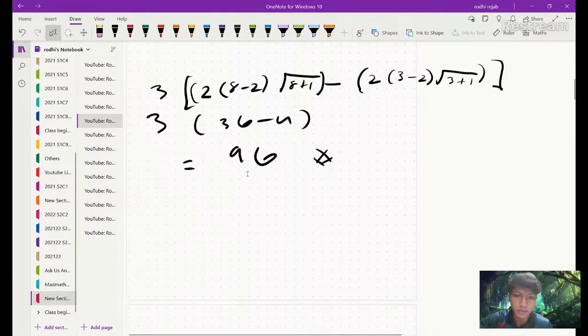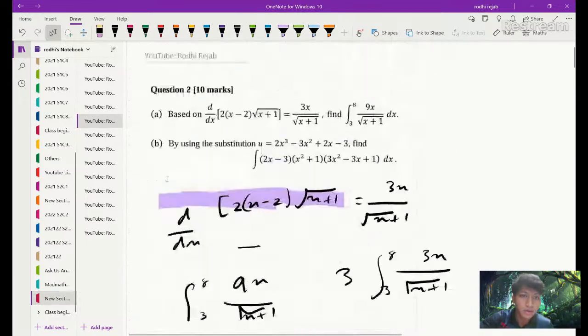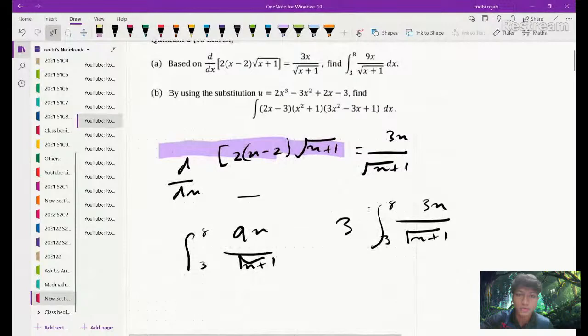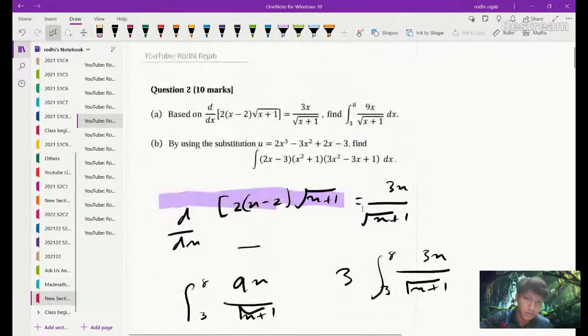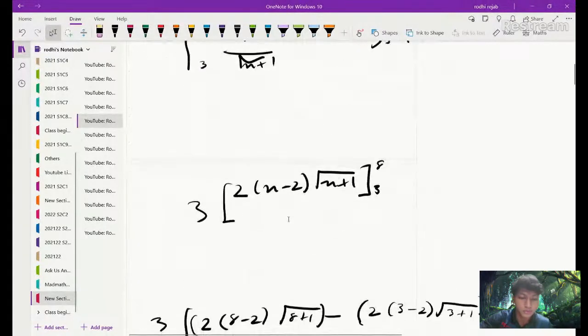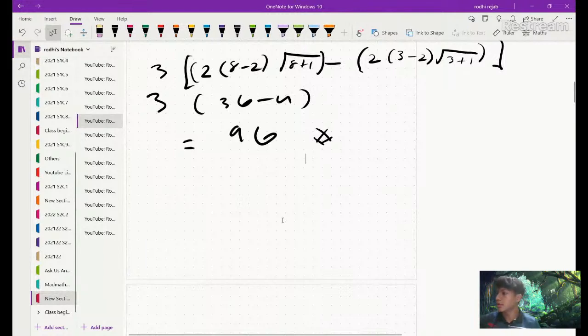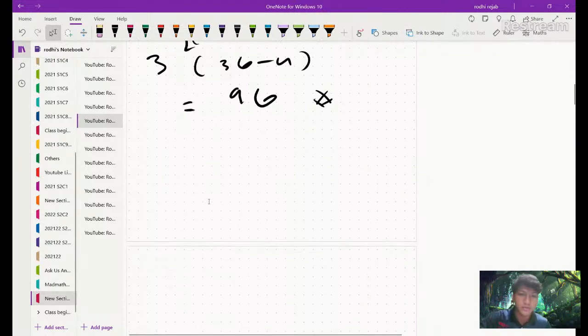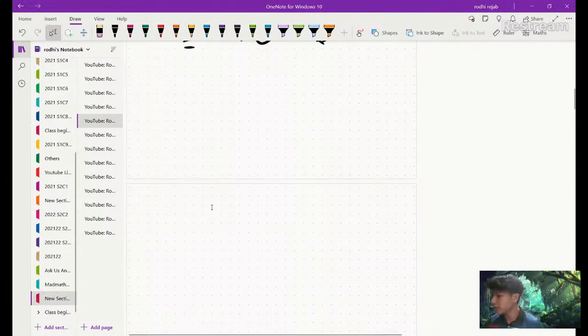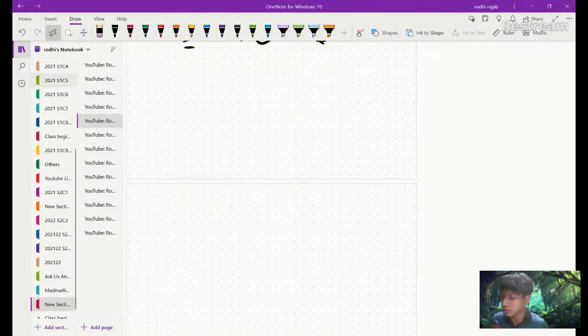So I'll move to part B of the question. Number 2b, we have u is equal to 2x.